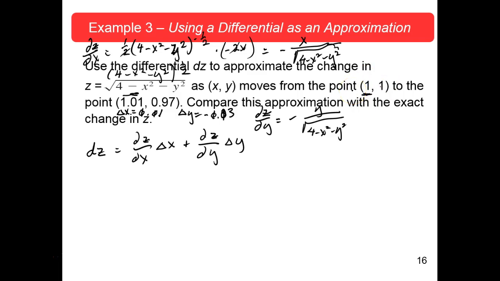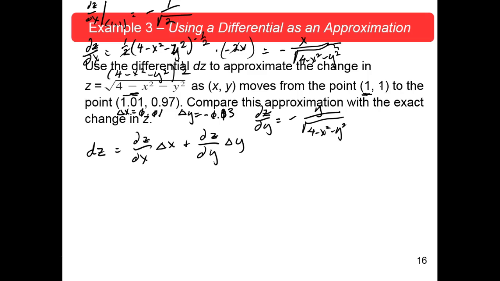So the partial of z with respect to x at 1, 1, the value would be minus 1 over the square root of 2.